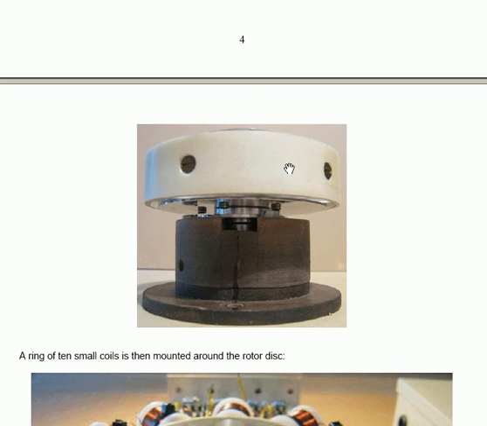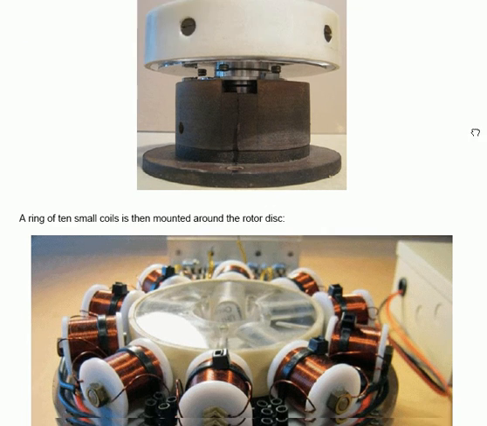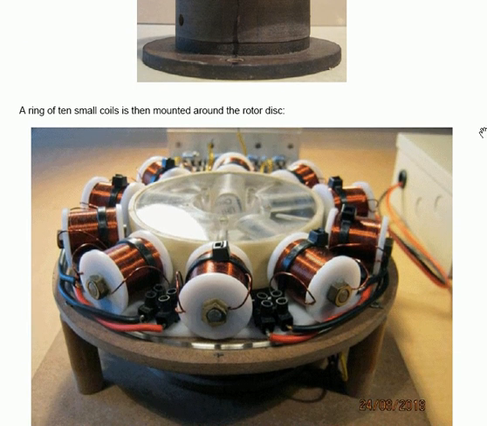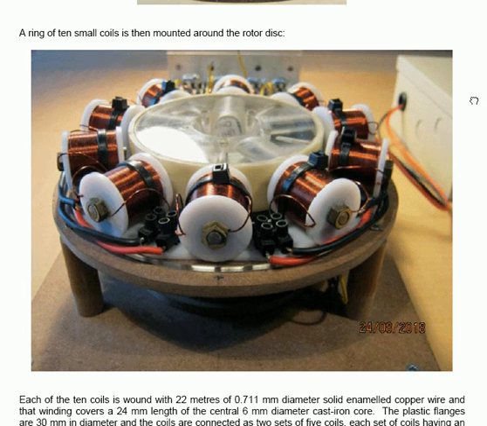A ring of 10 small coils is then mounted around the rotor disc. The coils are small, and they're very neatly wound because the guy doing it is very accurate in his construction. The stand there supports the set of 10 coils.